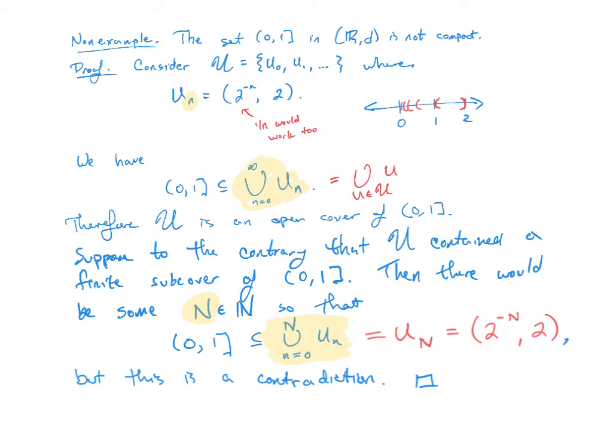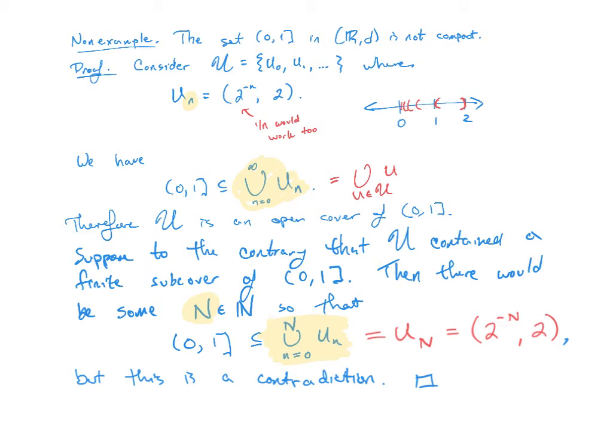Are there any questions on that example or that non-example? So you said if this was a closed interval from 0 to 1, then it would be compact. Why would the same argument not hold?